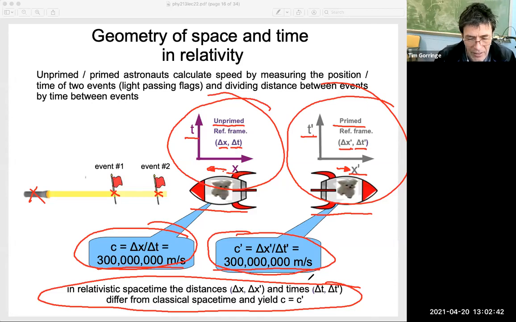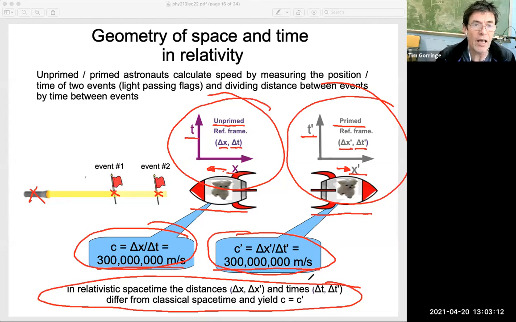In particular, these two observers are not going to agree on the time intervals between the two flags. In old-fashioned classical Newtonian Galilean space-time, two observers would always agree on the durations between passing the two flags. But in relativistic space-time, the two observers don't agree on the time intervals.